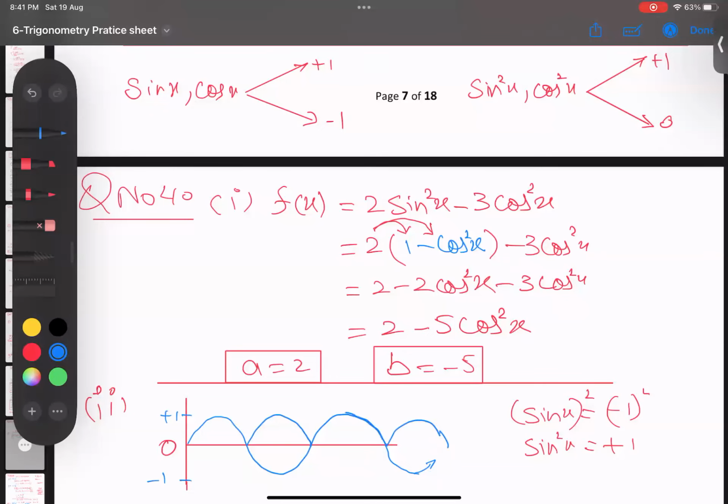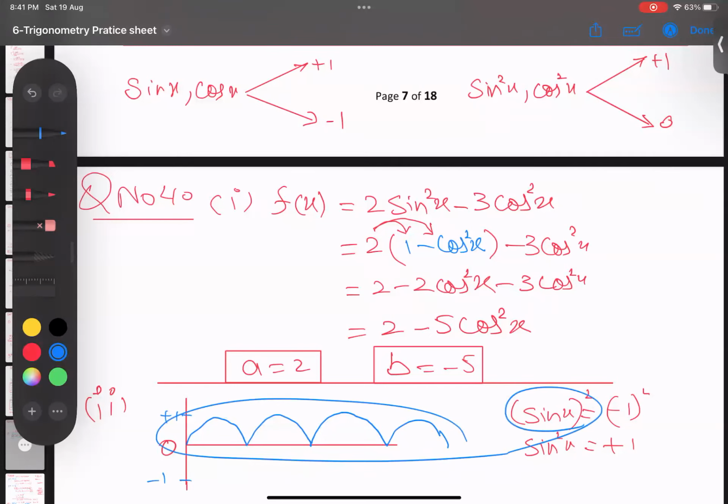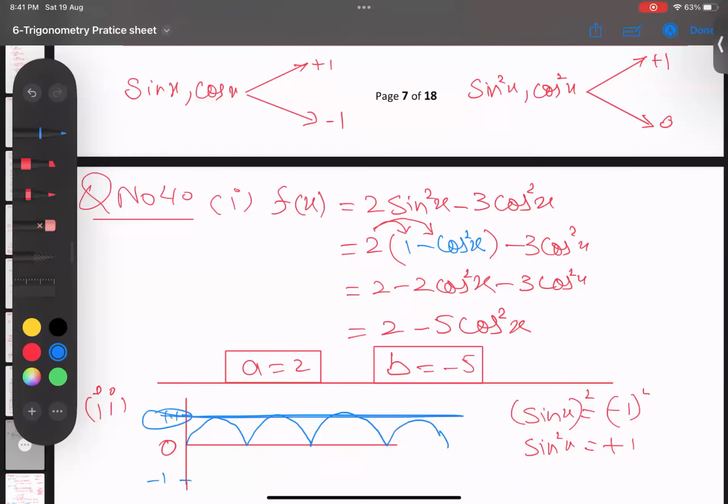So positive remains positive, students. If I take it, I will get this kind of curve for sine square. This is a sine square curve now. The highest value remains plus 1, but the lowest value will become 0 now.